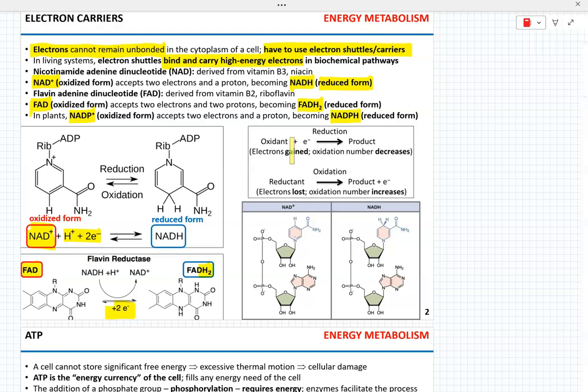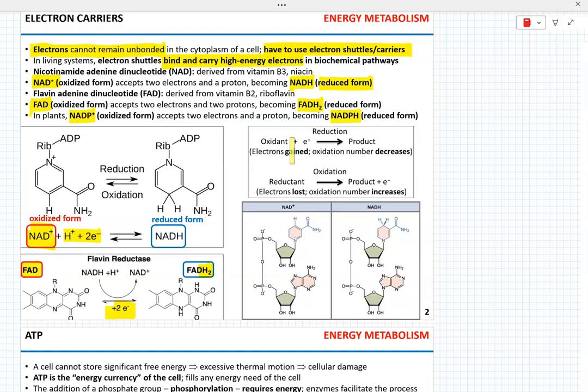We're going to talk more about NADP when we cover photosynthesis. Right now, we're going to focus our attention on the NAD, NADH, and FAD, FADH2 pairs.